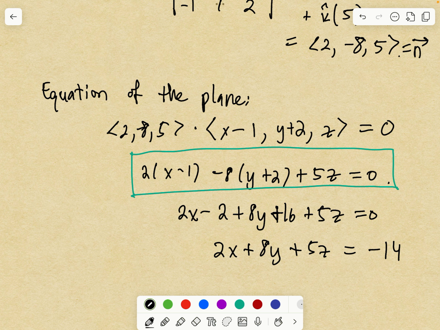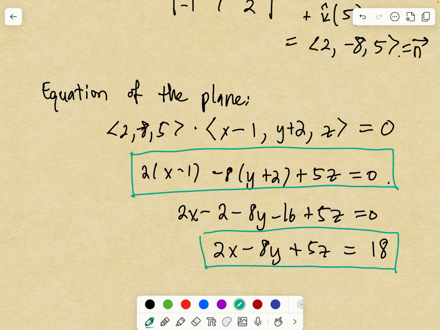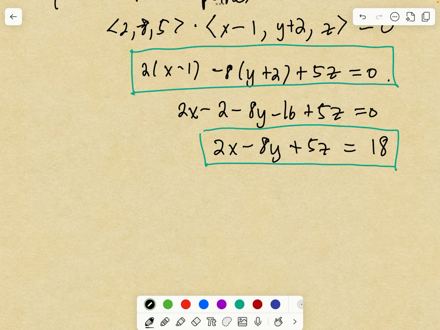So it's actually minus 8y minus 16. So this is going to be 2x minus 8y plus 5z equals 18. Okay, so we're done with that problem.